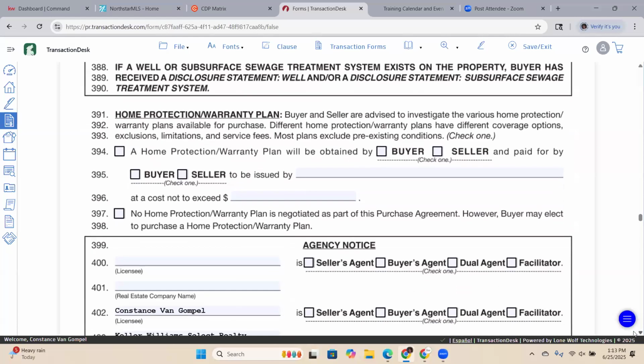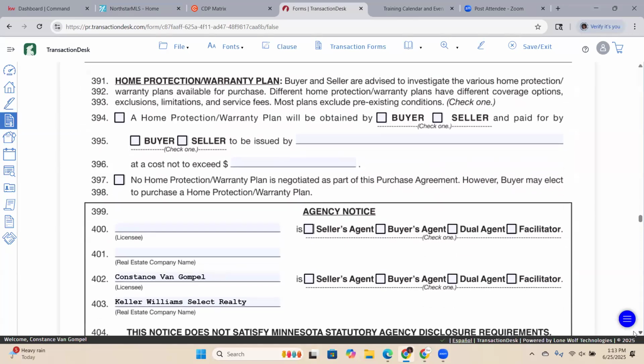Home warranty plan. Home warranty plans for a lot of buyers, it's up to the buyer if they want it. Sometimes the seller will offer it at the time with the house.